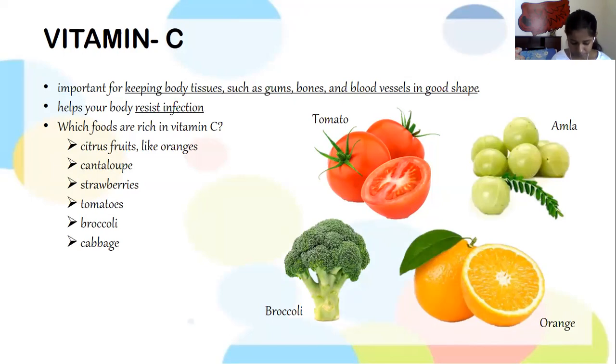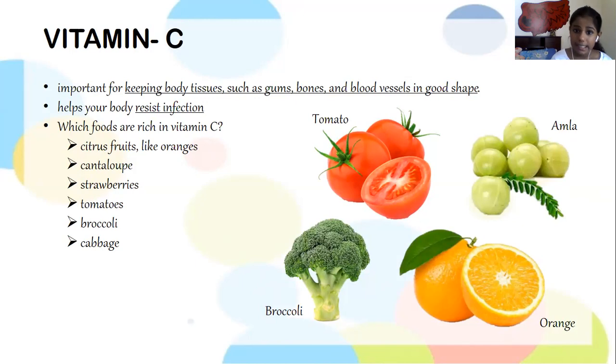It provides a good structure to gums, bones, and blood vessels, and keeps them in good shape. This vitamin C also helps to resist infection. So, if there is any kind of pathogen, it helps resist it. So, it helps in resistance from all these infections.